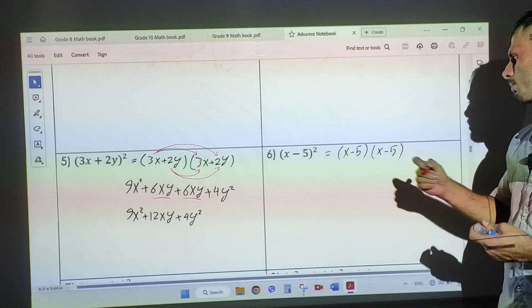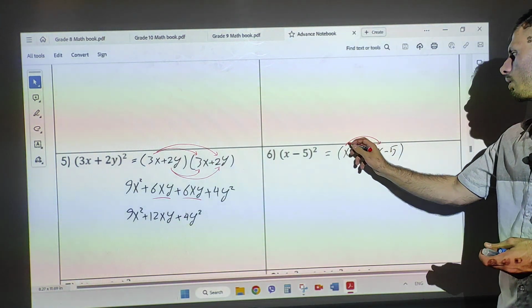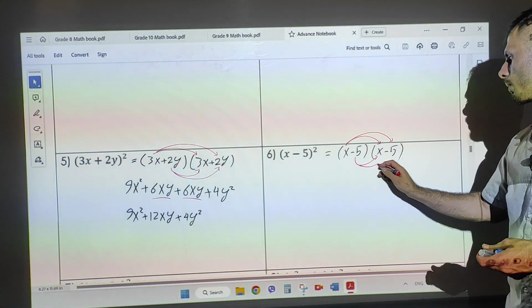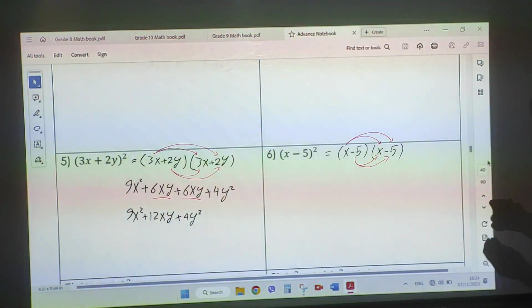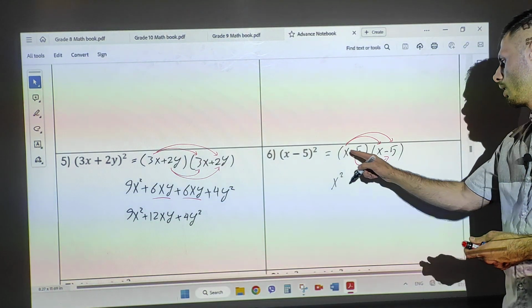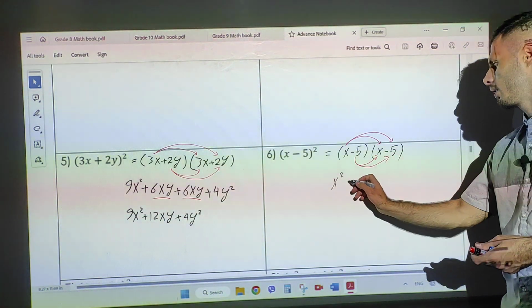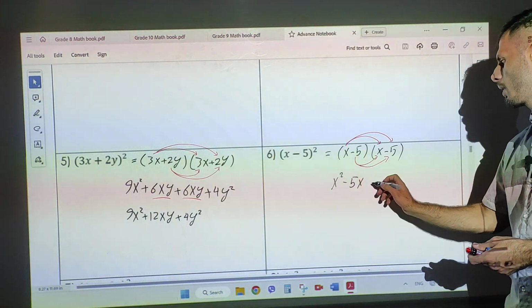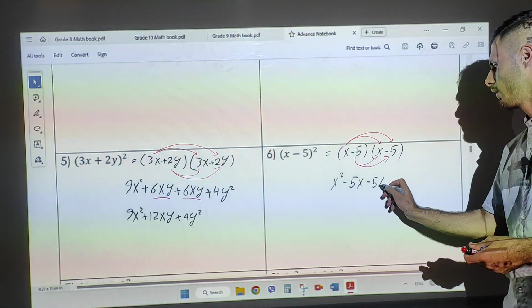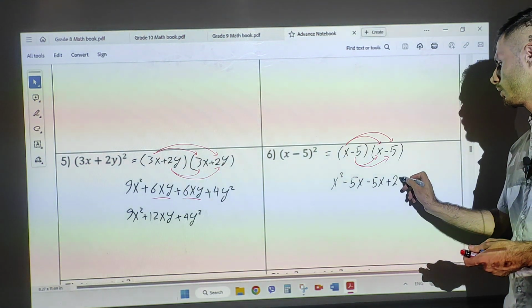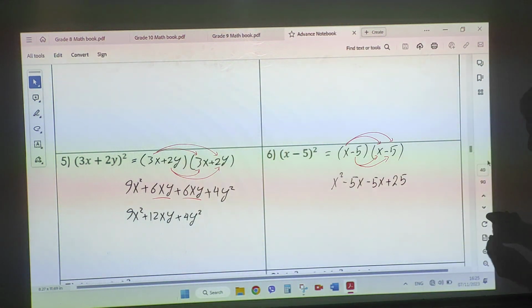Two terms. One multiplied by all and the second one multiplied by all. X multiplied by x is x power 2, x multiplied by negative 5 is negative 5x, then negative 5 multiplied by x is negative 5x, negative 5 multiplied by negative 5 will be positive 25.